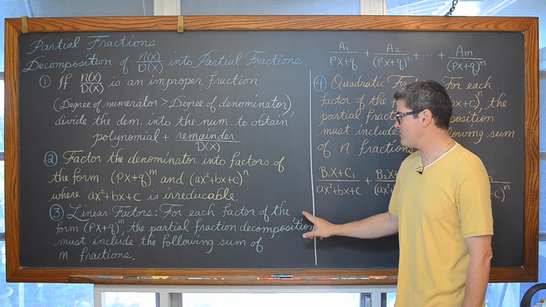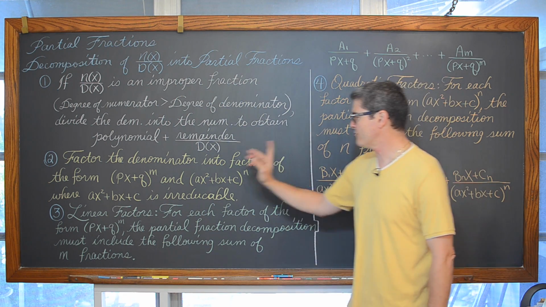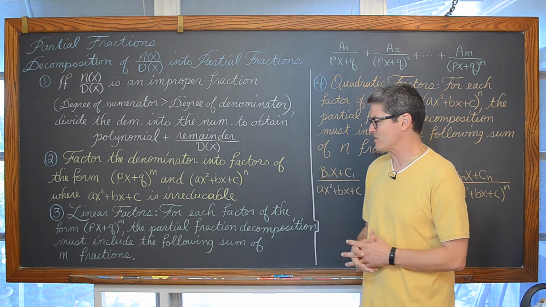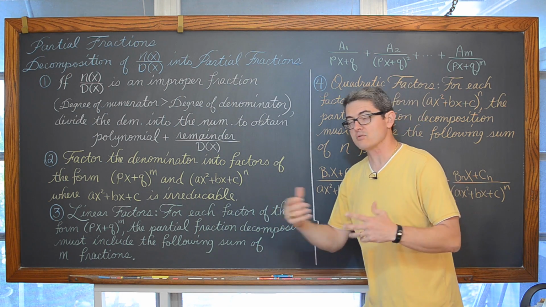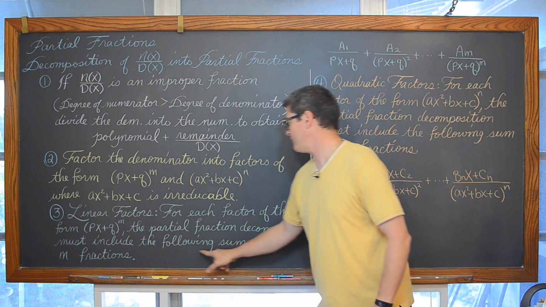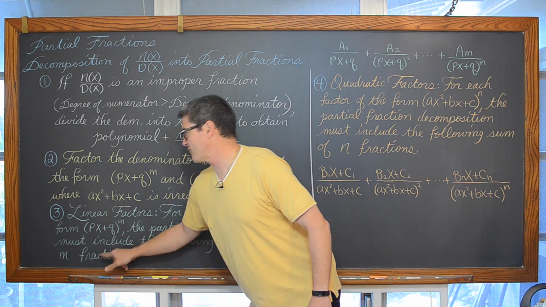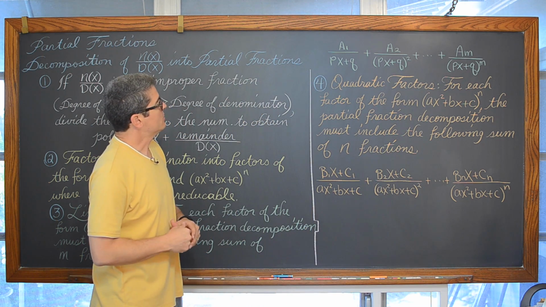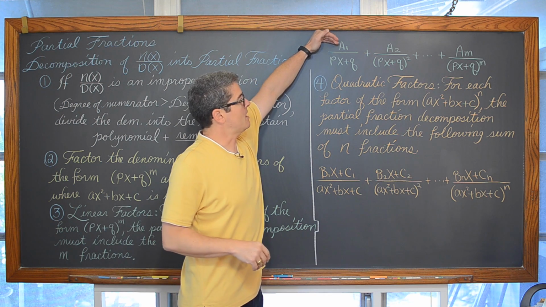Linear factors. For each factor of the form (px + q) to the m, I'm really just reading this very technical language in the book to help you read future sections on your own. The partial fraction decomposition must include the following sum of m fractions. So if you do have something like this (x plus 2) squared, you're going to write a constant.